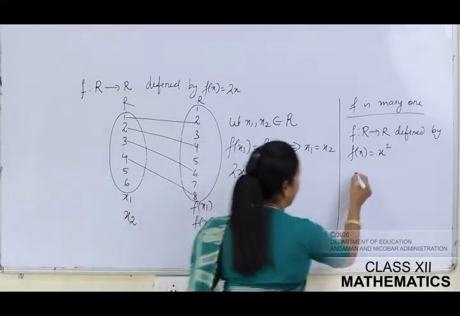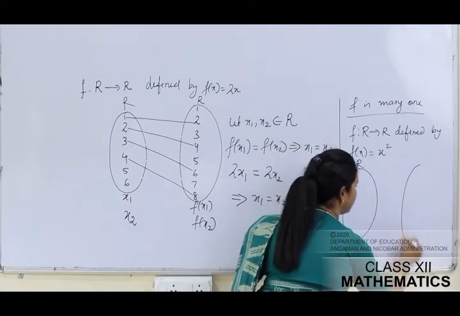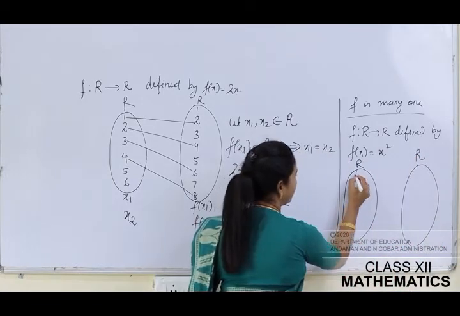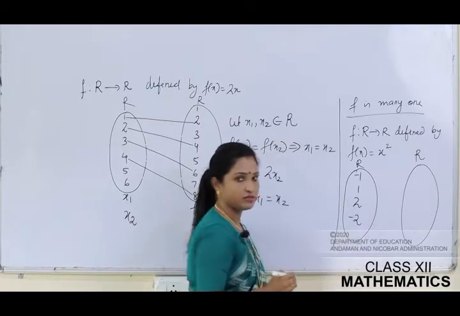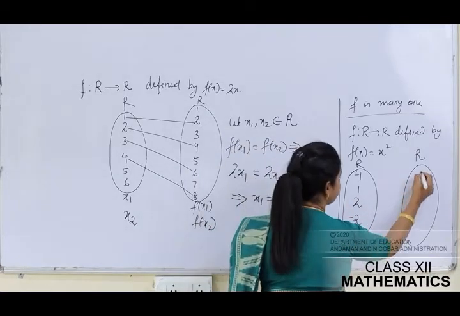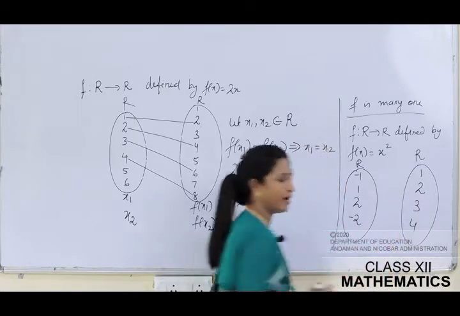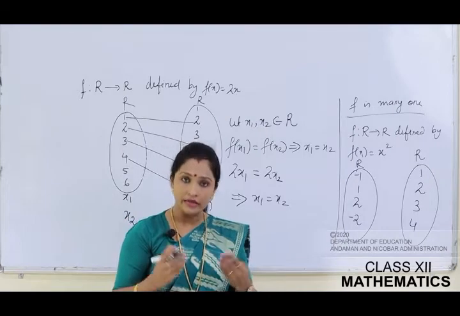Now R to R, this is our set of real numbers, this is also set of real numbers. I am taking the values here -1, 1, 2, -2, like that numbers. और यहाँ पे मैं numbers ले रही हूँ 1, 2, 3 और 4. Okay, I have taken the numbers. आप माइनस भी यहाँ पे ले सकते हो because we are talking about set of real numbers.